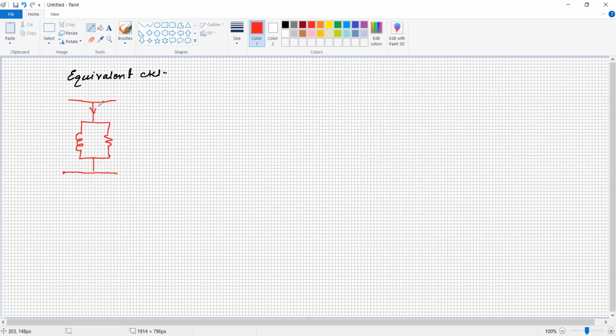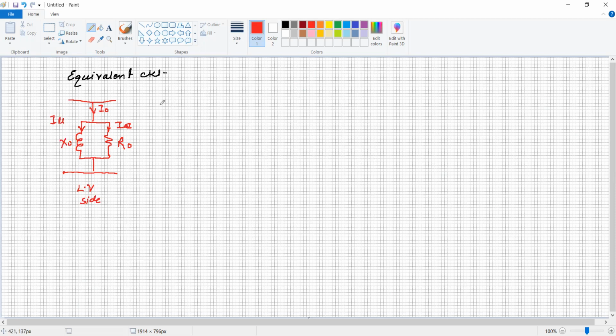This is the no load current I0, this is I mu, IW or IC, the core loss component. This is R0, this is X0. It is on the LV side. This part is from the LV side, or the primary side.